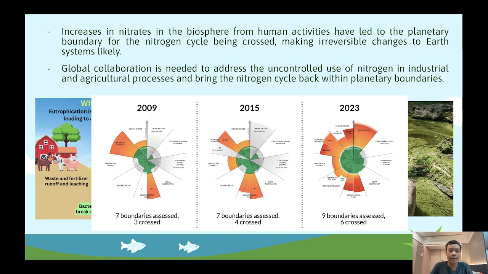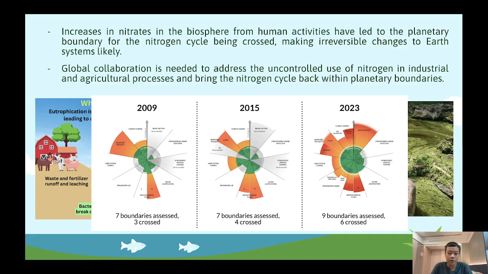Let's talk about the planetary boundary models. Through what we've read in our cognitive assignment, the nitrogen cycle planetary boundary is severely exceeded.